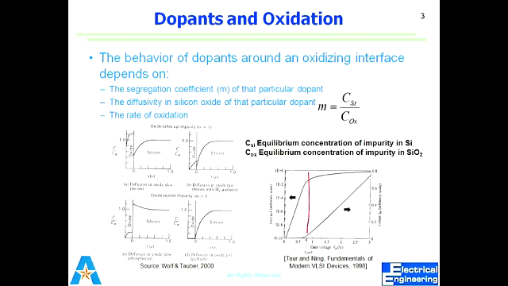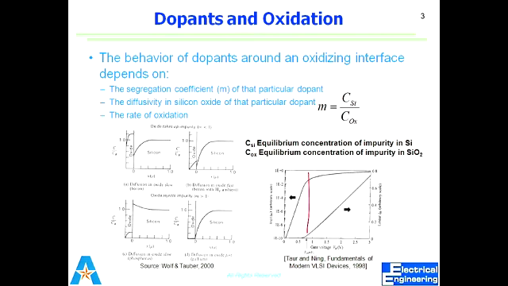So the impurity concentration in silicon will go down. I hope that after this example you have understood what the segregation coefficient means.